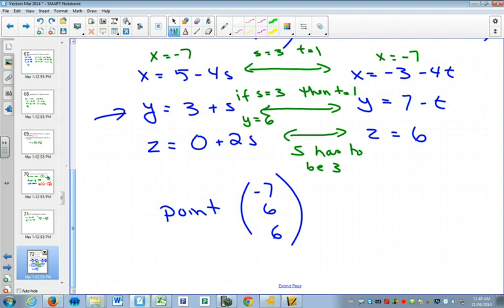Had you put both of these together, these first two lines would give you two equations with two unknowns, and you could use substitution or elimination and solve. It just so happened this one was nice, that you could get s equals 3 right away. And then you could find the point. Now we have a point that they intersect.